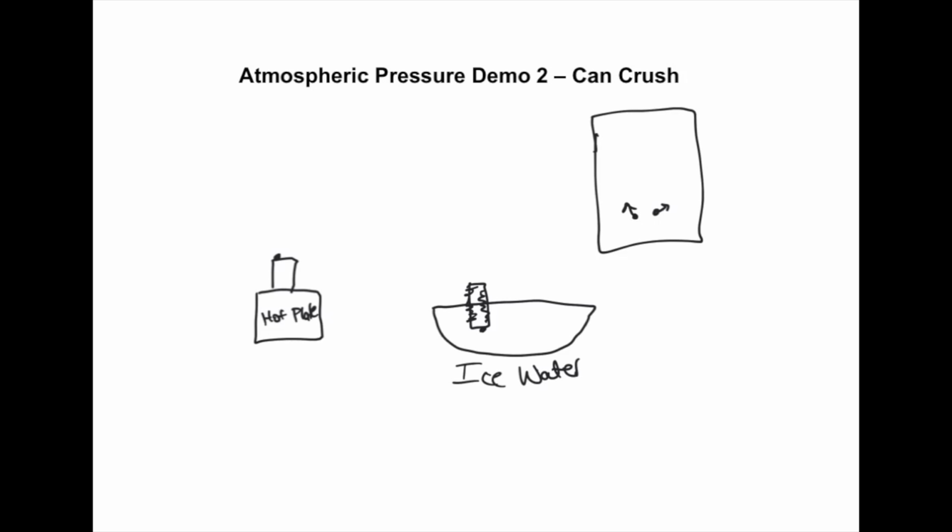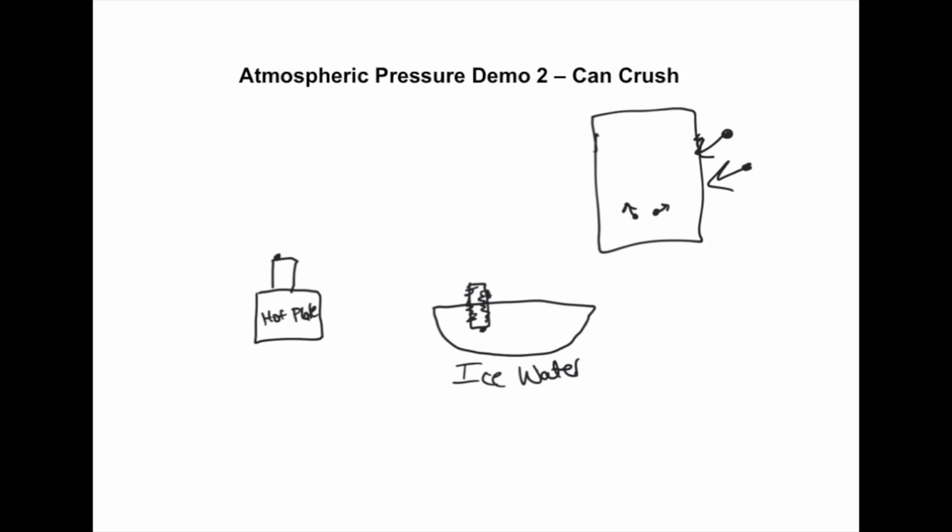But the particles right on the outside of the can are still moving much, much faster, and so it ends up crushing the can. Those are a couple of demonstrations that I usually do when I have a face-to-face type of class.